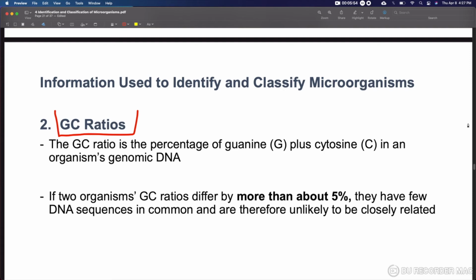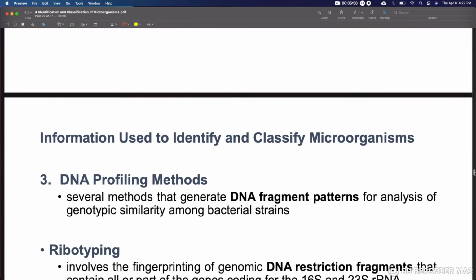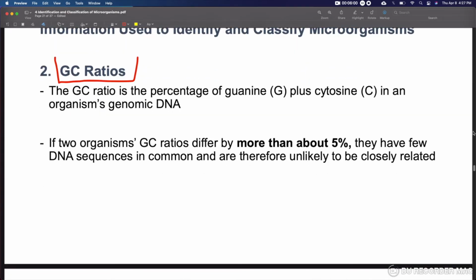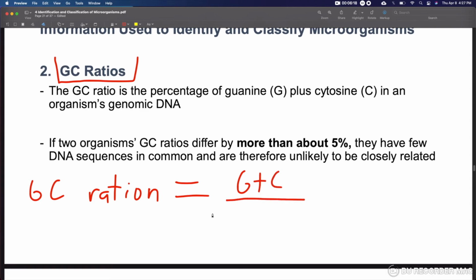So, how do we compute for the GC ratio? Of course, we have your Chargaff rule, so it's easier to compute. GC ratio is equal to G plus C over the total amount of bases.